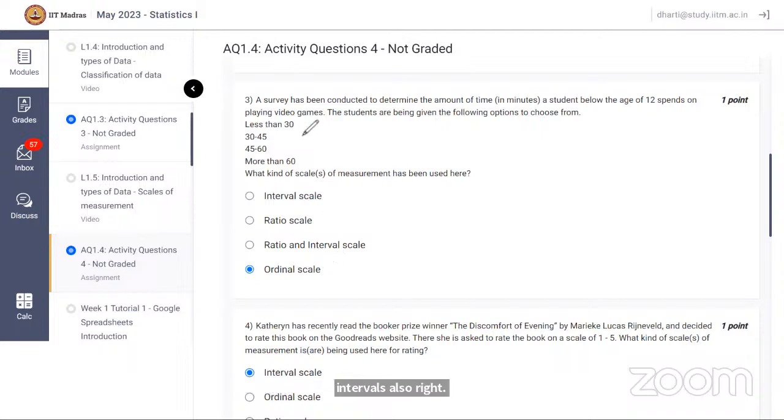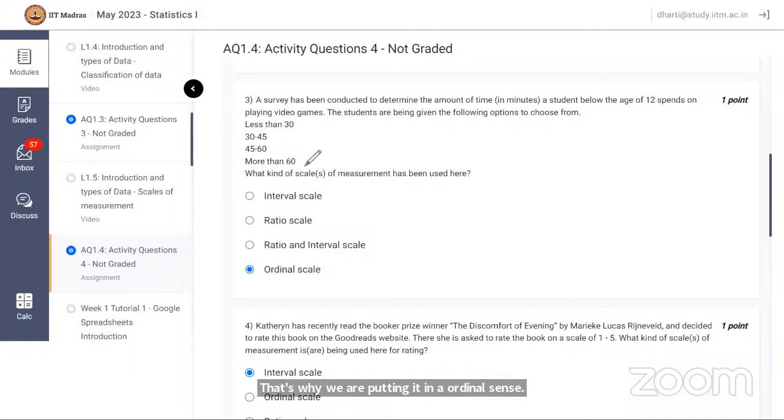But due to this, they have to choose from these options only. That's why it's ordinal: the person choosing option B is playing more video games than the person choosing A. Basically, it's categorized data, not numerical. That's why we put it in an ordinal sense. Otherwise, it would be a ratio scale.